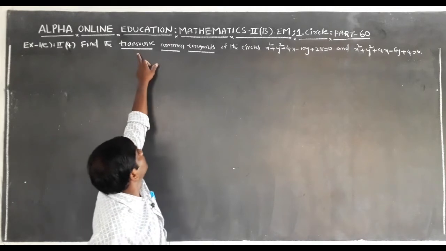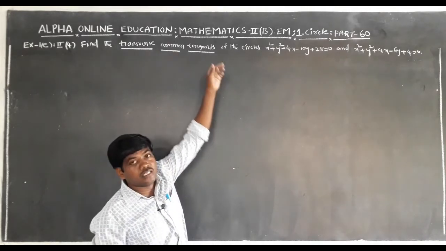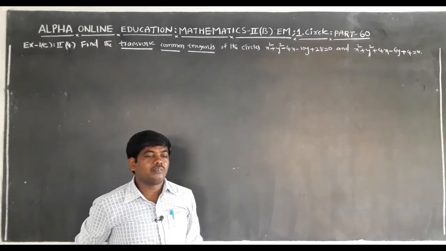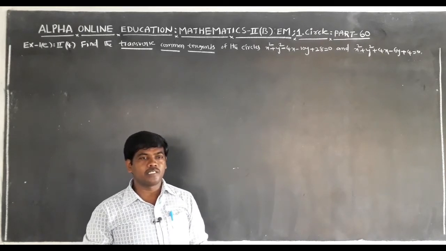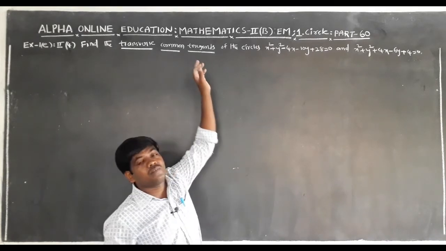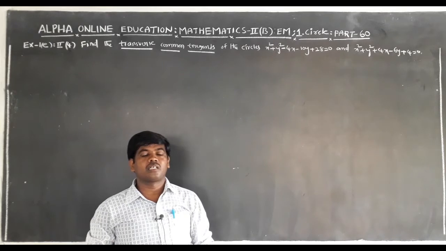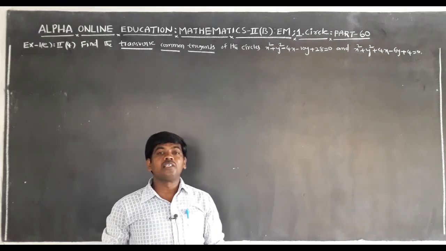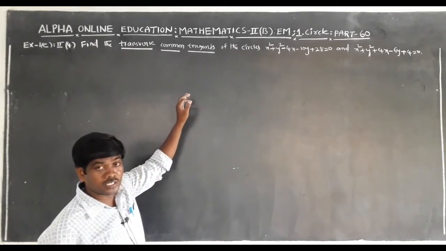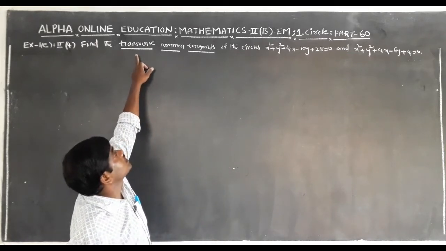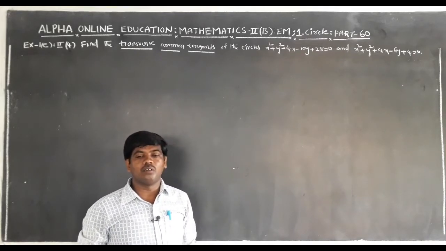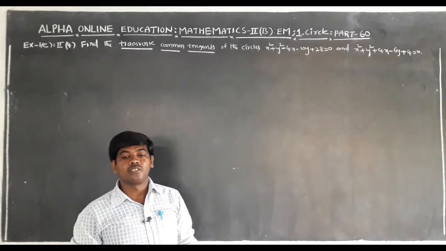Find the transverse common tangents of the circles. The point of intersection of the transverse common tangents of the circles is called the internal center of similitude.